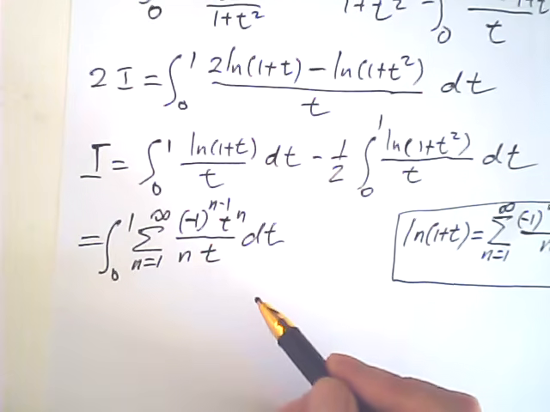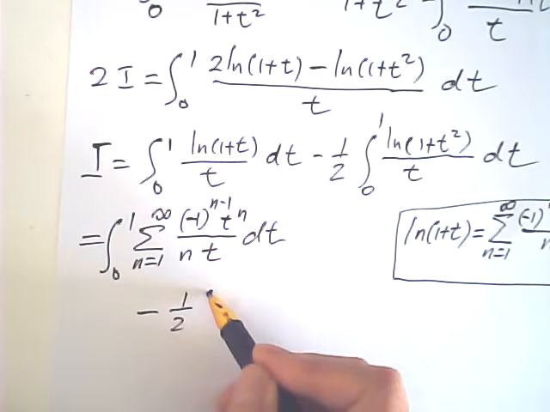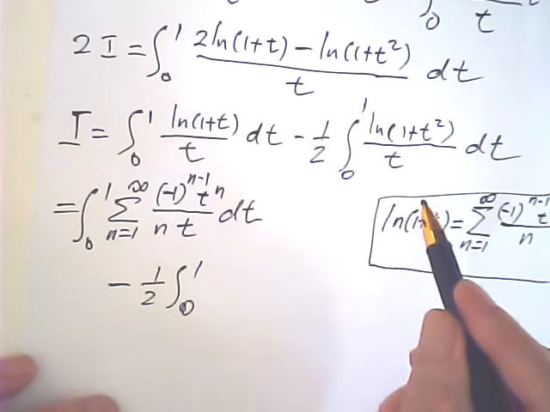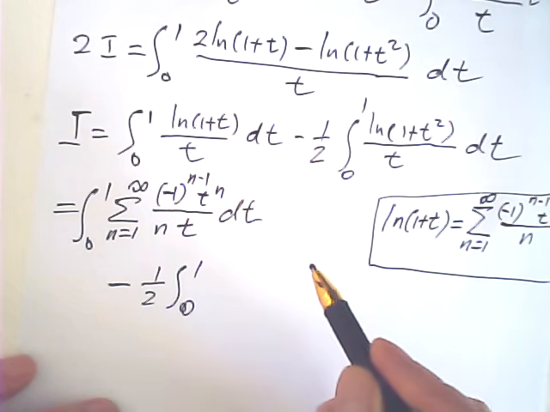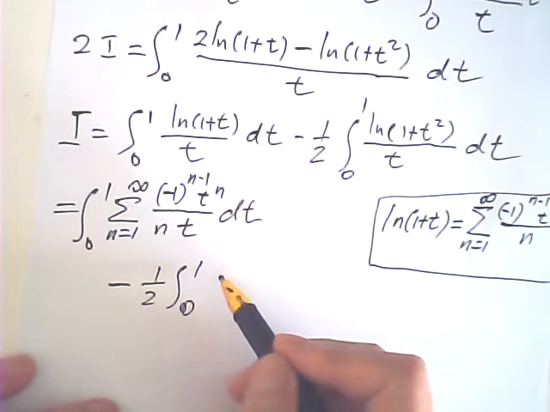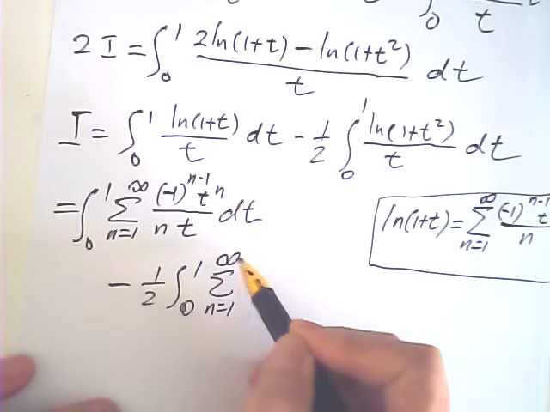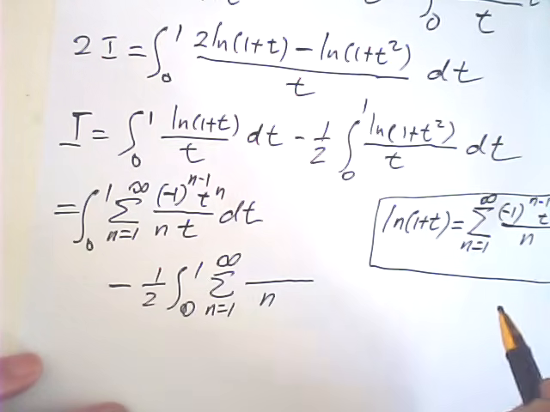And minus 1/2 integral. This one is this sigma 1 to infinity. This is n.